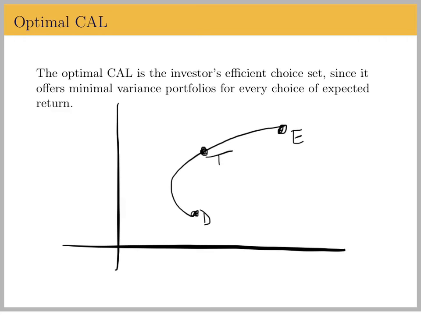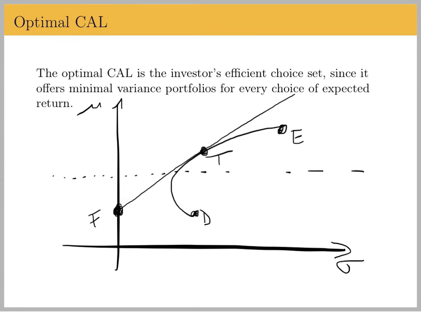So this is D, that's E, and that's T, where this is portfolio F, the risk-free, so that the tangency goes right through here. Then for any given, remember, this axis is expected return and this is volatility. Well, for any given level of expected return, a portfolio here has smaller variance than a portfolio here.